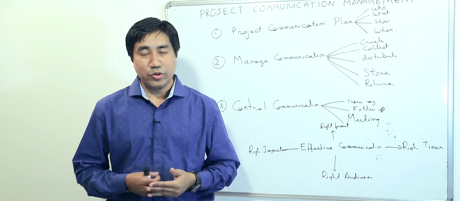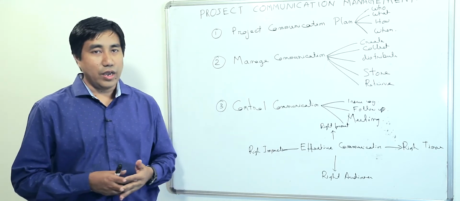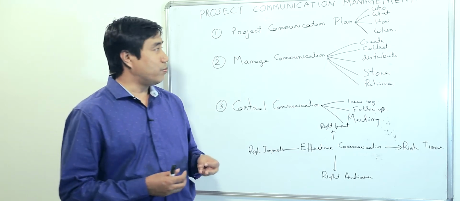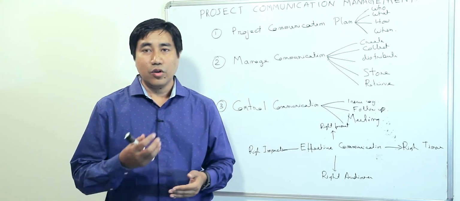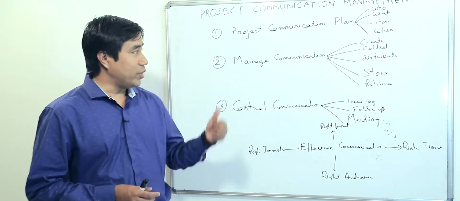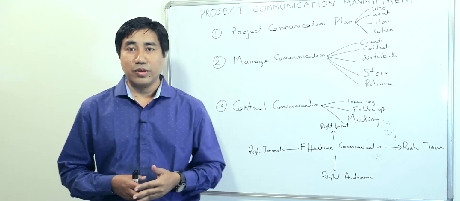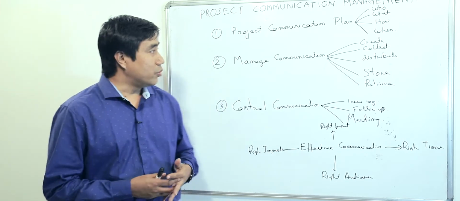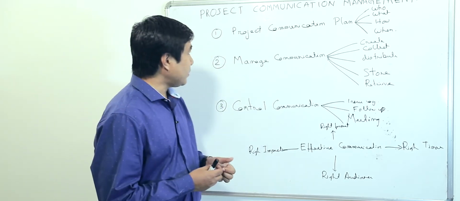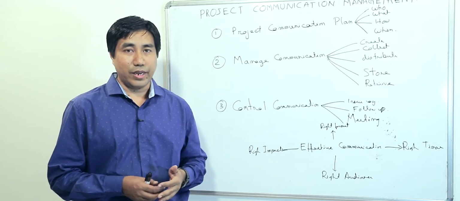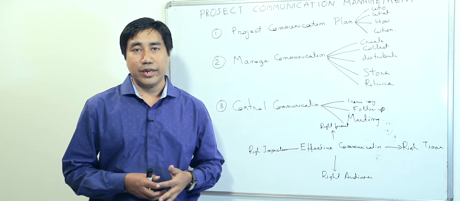In project communication management, we have three major activities. One is planning how the communication will go throughout the project. We are going to plan it properly, otherwise tracking the communication will be very tough. In the project communication plan, we can use a template which may be available in your organization.